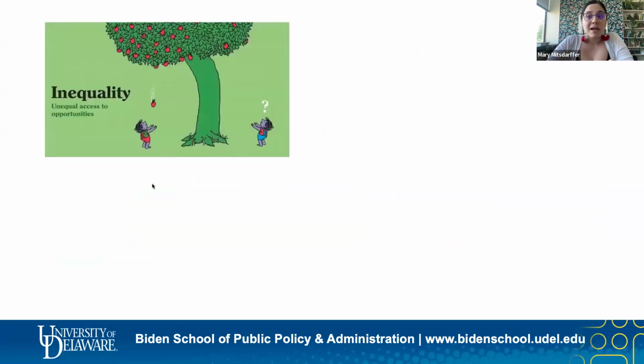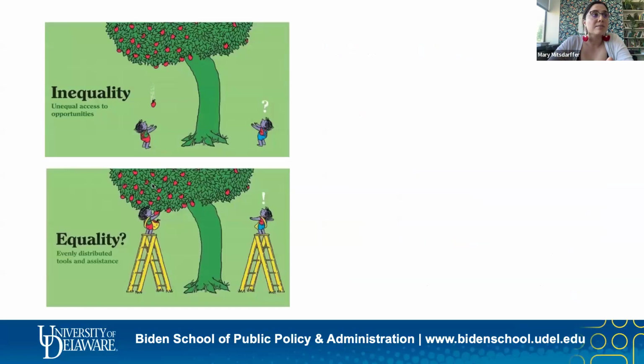So when we talk about equity, what we're talking about is not equality, right? So inequity is when someone's in position to receive a benefit where someone might not. And that's usually social or hierarchically a part or a remnant of society, right? And when we talk about equality, we're talking about everyone getting the exact same resource.